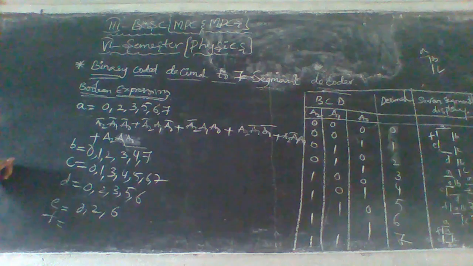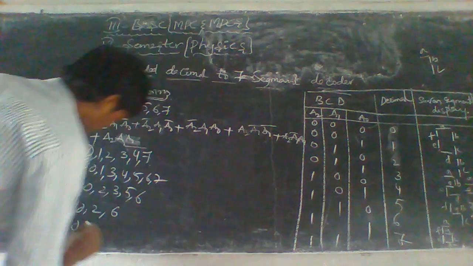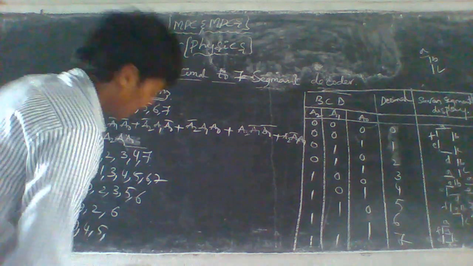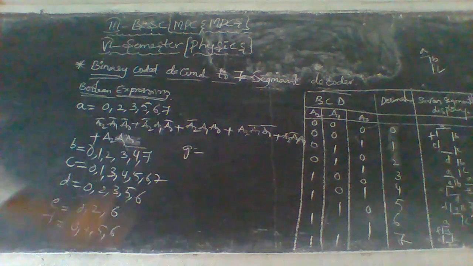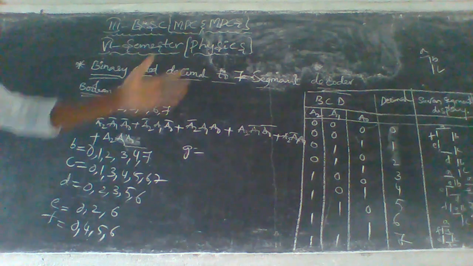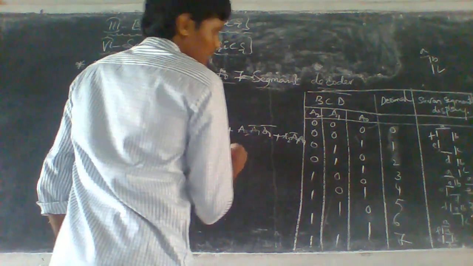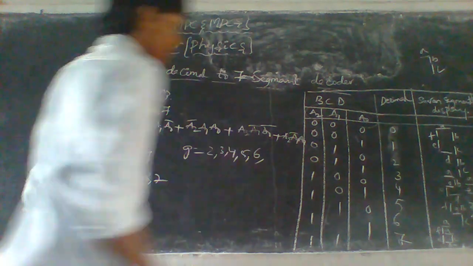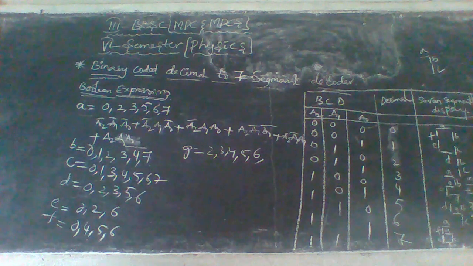F will be displayed on 0, 4, and 5, and 6. Okay. So and G will be displayed on 2, 3, 4, and 5, and 6.